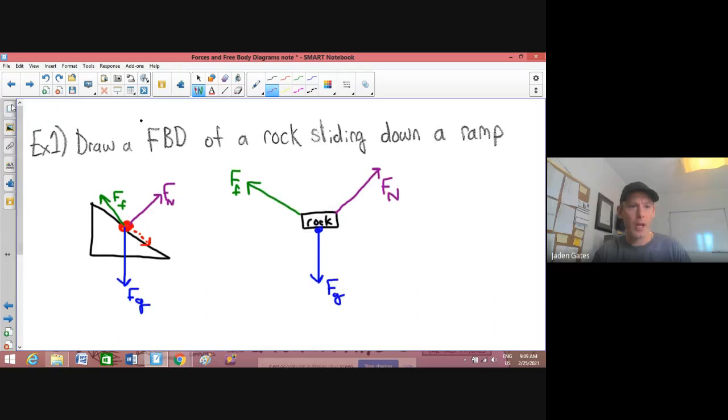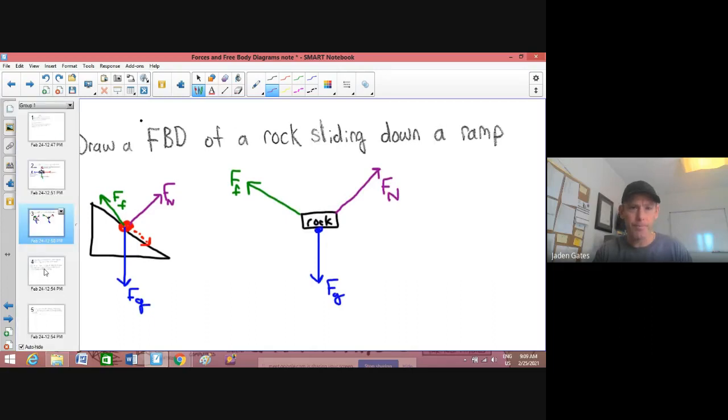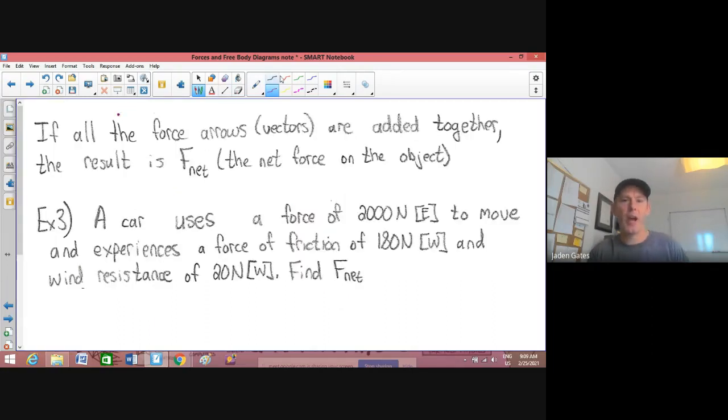All right, what else we got here? Okay, so now, all the force arrows, which are vectors, because they have magnitude, size, and direction, as I've mentioned, direction matters, are added together, and the result is what we call F net. So F net is the net force of all the objects.